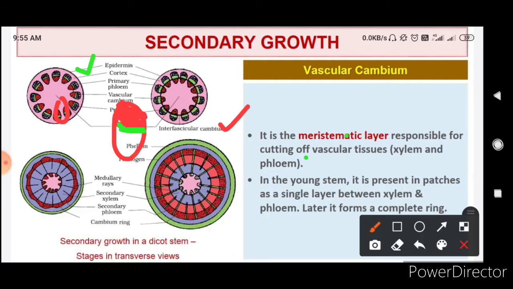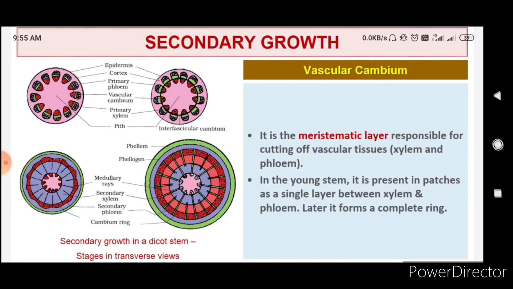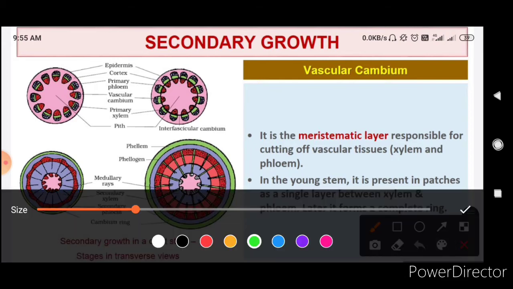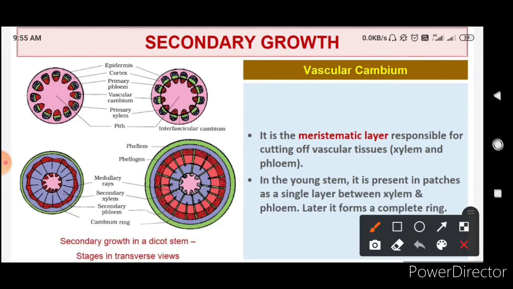Now what will happen? These kinds of vascular cambium will be there. This is one vascular bundle, this is the other vascular bundle, and these are the other vascular bundles. The above part is the phloem and the lower one is the xylem.